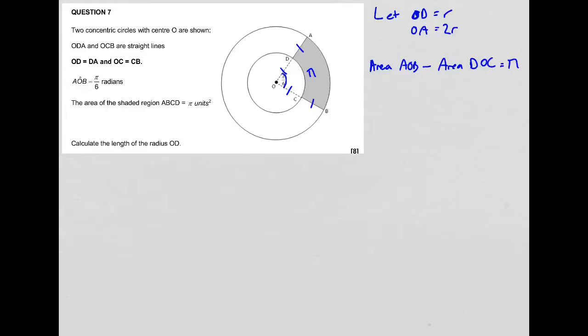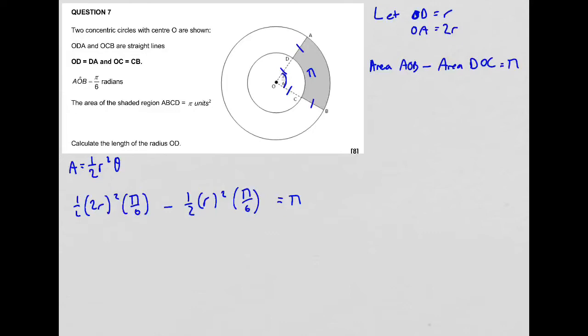So using that, we can substitute. So remember, the area of a sector is equal to a half r squared theta. Right, so the area of AOB is equal to a half times 2r all squared times pi over 6, minus a half, now with the area of the sector DOC, a half r squared pi over 6, and that must equal pi.